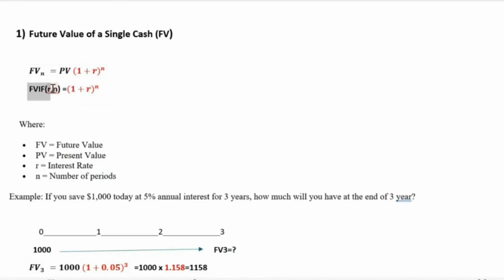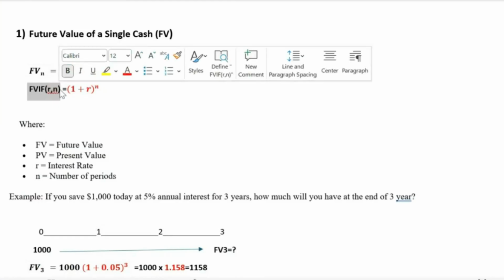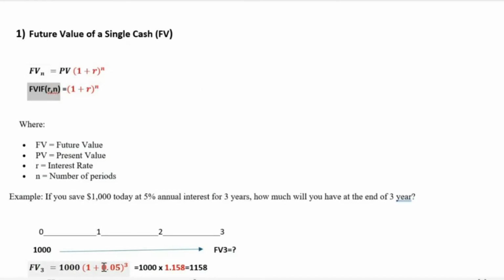I have a table for this posted in Canvas, the time value of money table. The first table is the future value interest factor table. So you can either use the table or use the formula, and another way is to use a financial calculator.